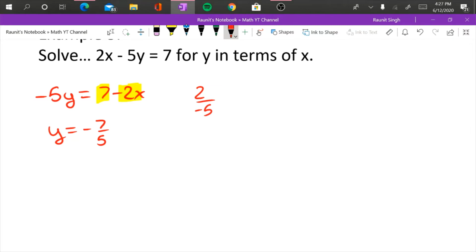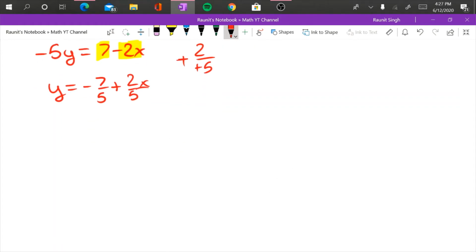But since the sign there is negative, it becomes a positive. So it's going to be negative 7 over 5 plus 2 over 5 x. Almost forgot that. So it's going to be y is equal to 2x minus 7 over 5. And that's it.